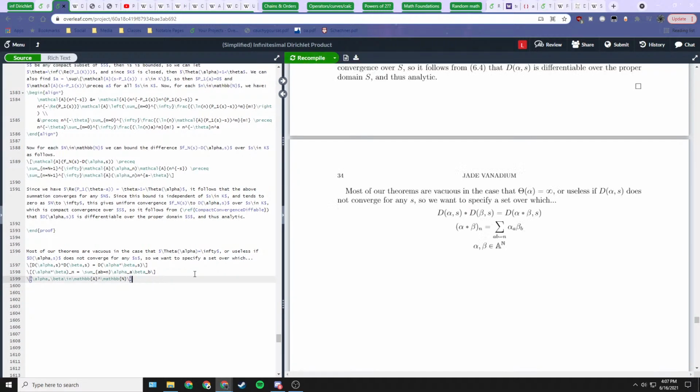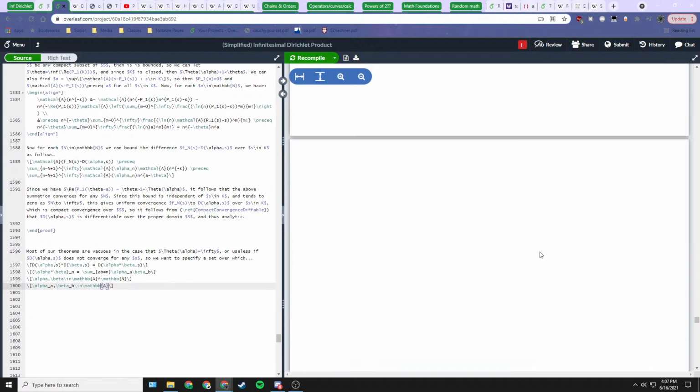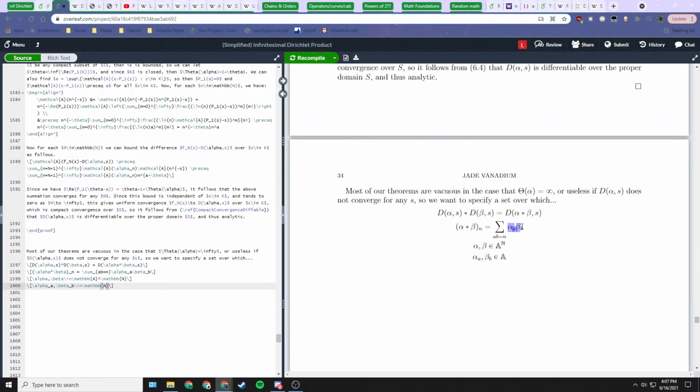So this is the recursion problem, or rather the sort of inception problem. The alpha sub a and beta sub b are in A, which means that technically this product here is already a convolution.